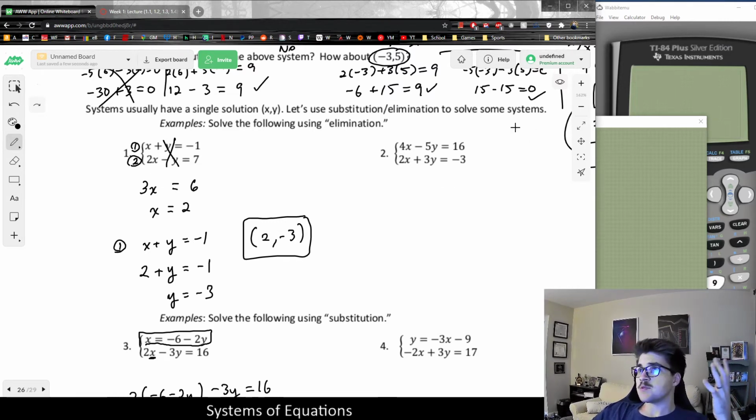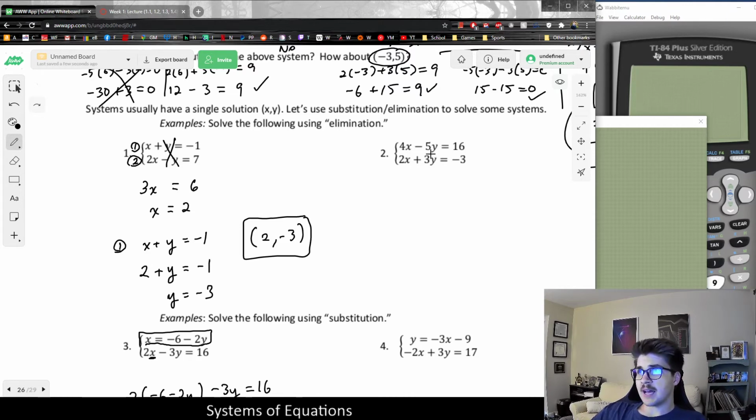Our main goal is to add the equations together so that one of the variables will eliminate. You could eliminate either x or y, it doesn't matter. This time we eliminated y because it was really easy: right when I added them together, they canceled.